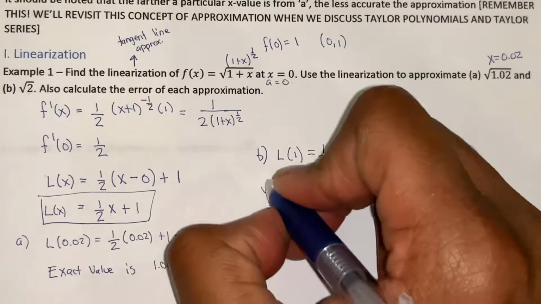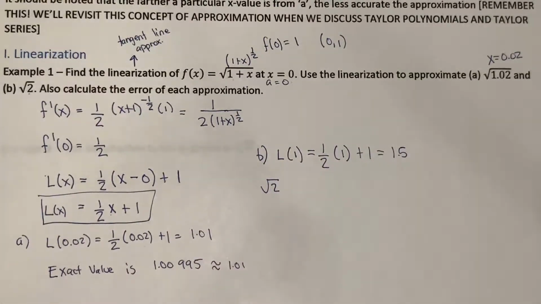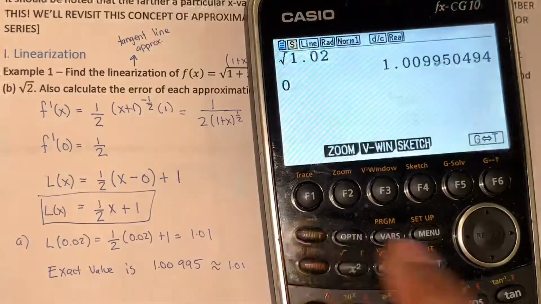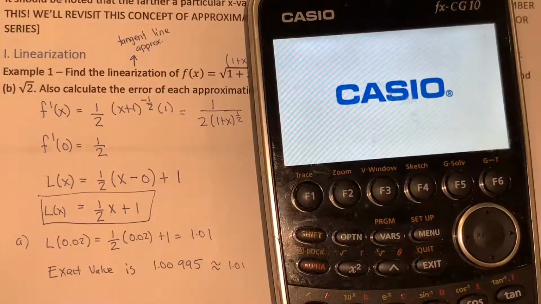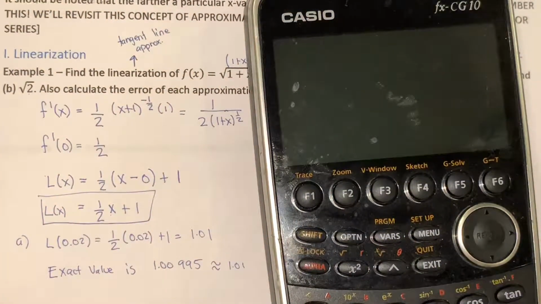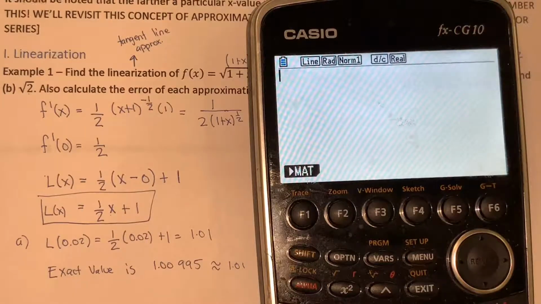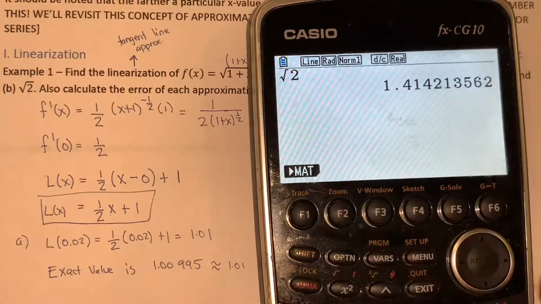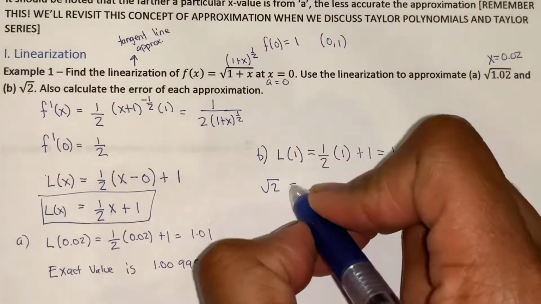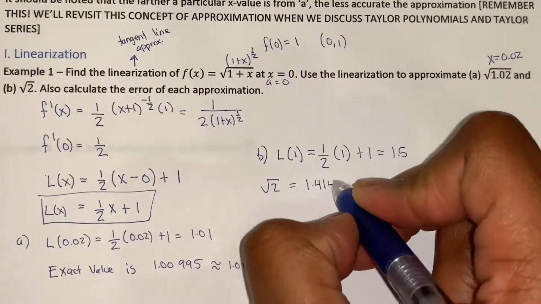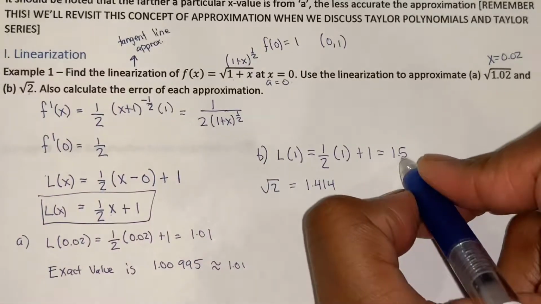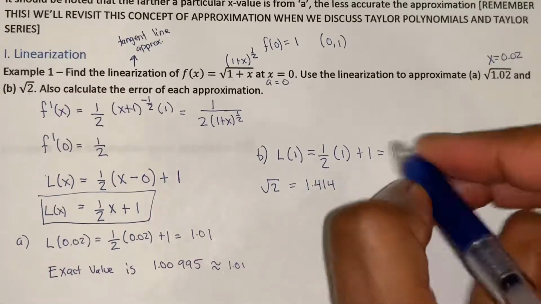The actual square root of 2 is 1.414. The estimation we got was 1.5.